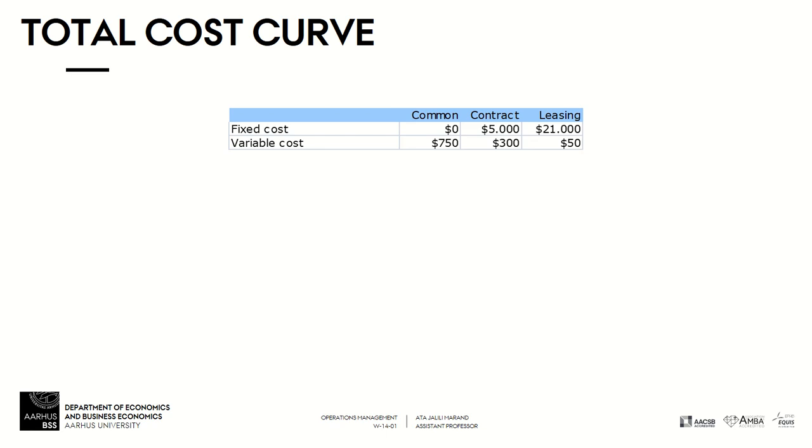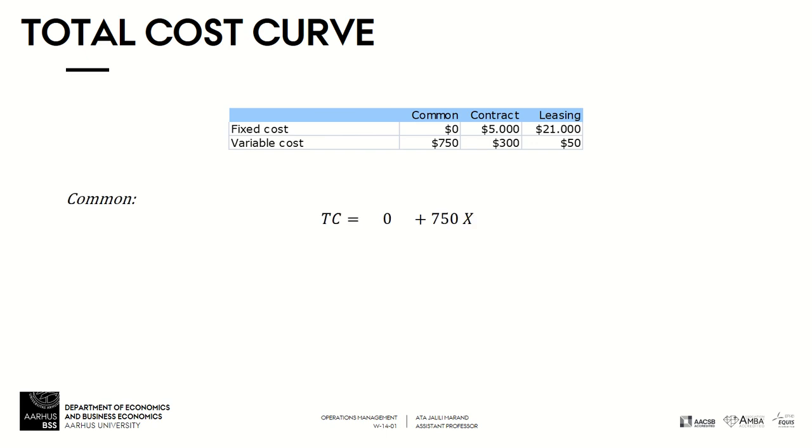To do the cost analysis, we need to plot the cost curves, and we can do it just by substituting the numbers that we have in the table in the formula that we saw in the previous slide.